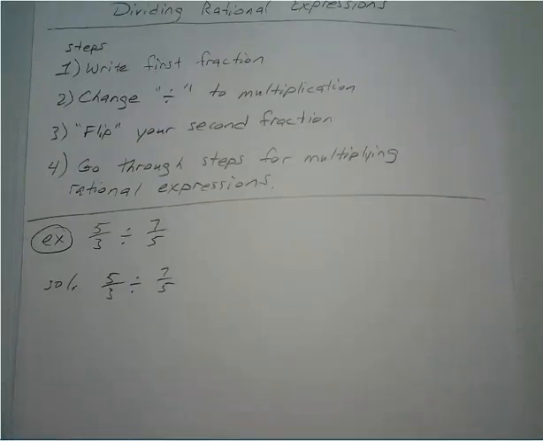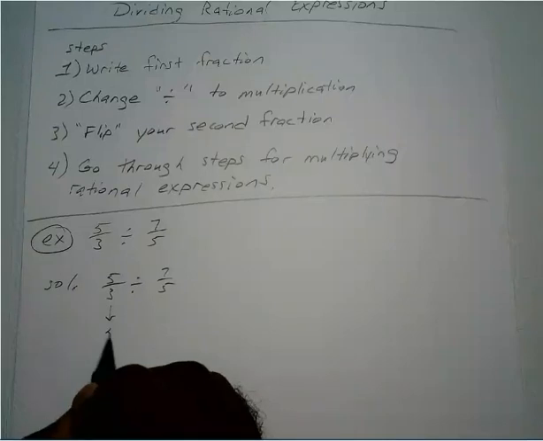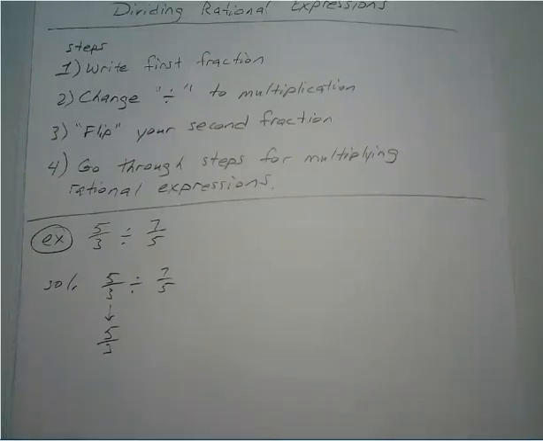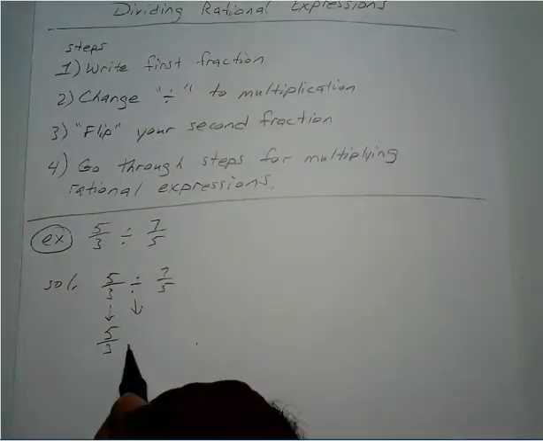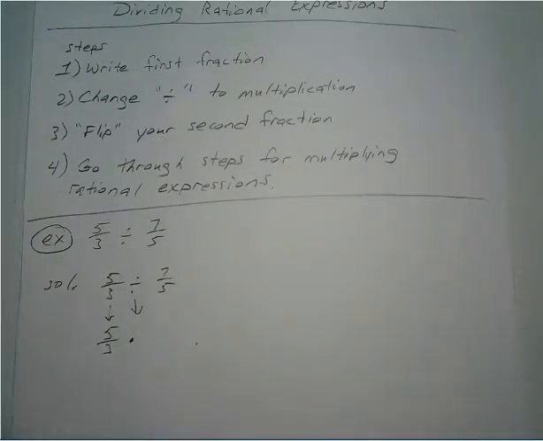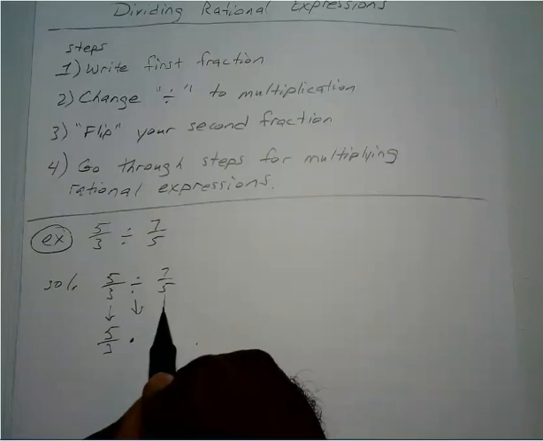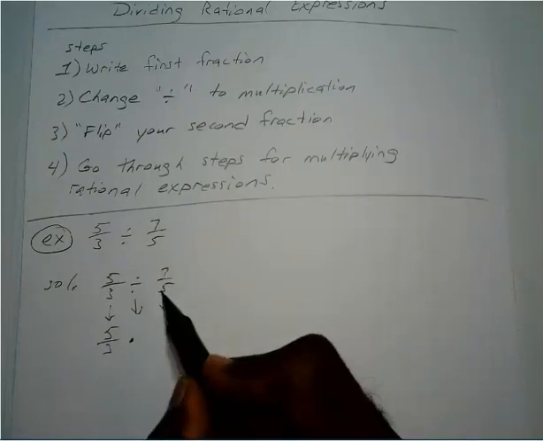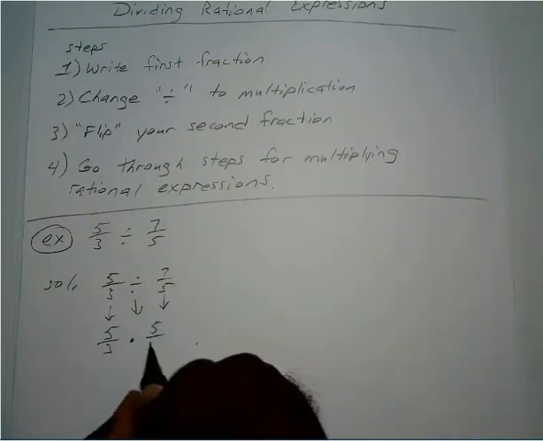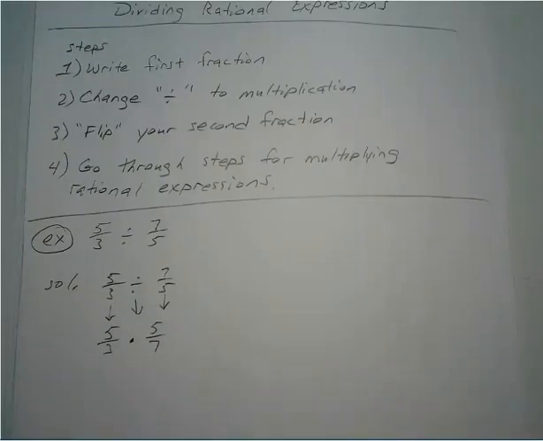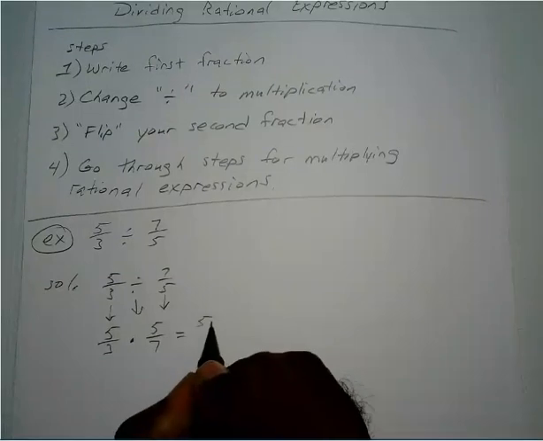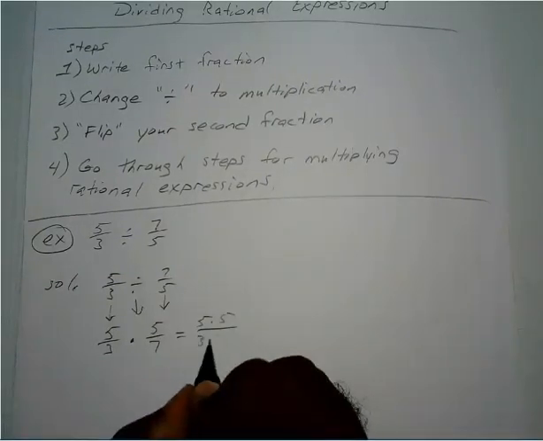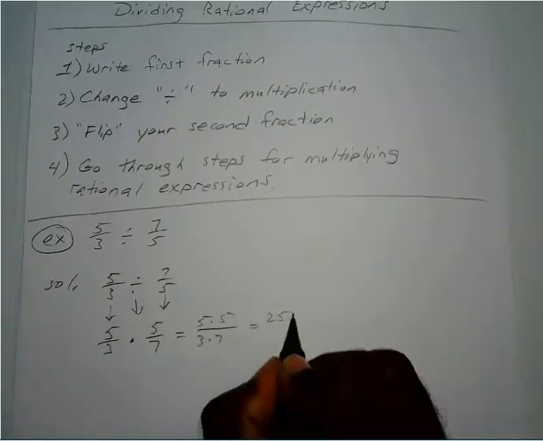Your first step is you write down your first fraction, so that just stays 5 over 3. Your second step is your division changes to multiplication. Then your third step is you flip your second fraction, so 7 over 5 just becomes 5 over 7. And then you just multiply. That becomes 5 times 5 over 3 times 7, which is 25 over 21.